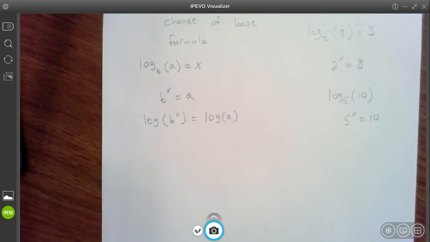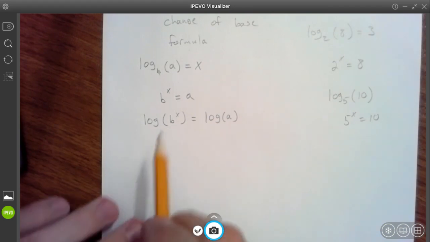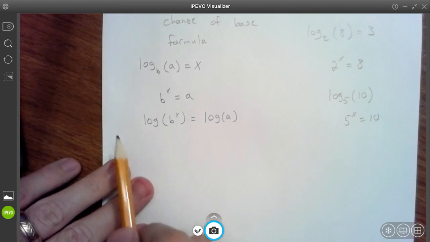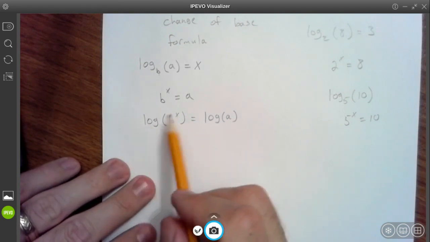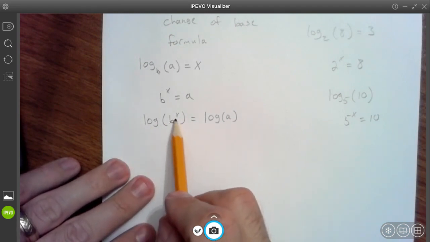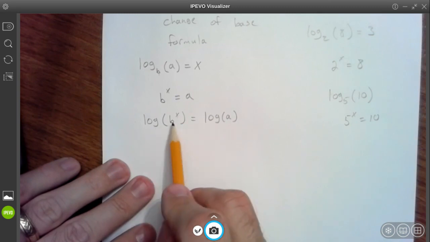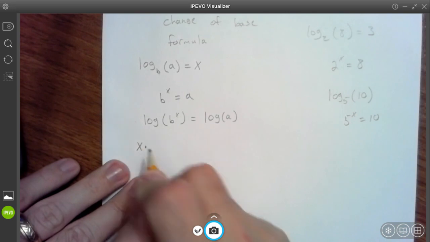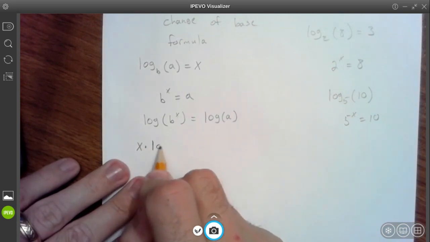Just common log is what we do because it's the most common. All right, what I'm going to do here is bring this exponent down using my third property. It's my exponent property for logarithms. When you have the log of something raised to an exponent, you can bring that exponent down and multiply it by the log.